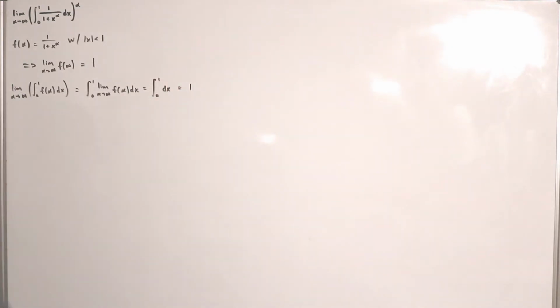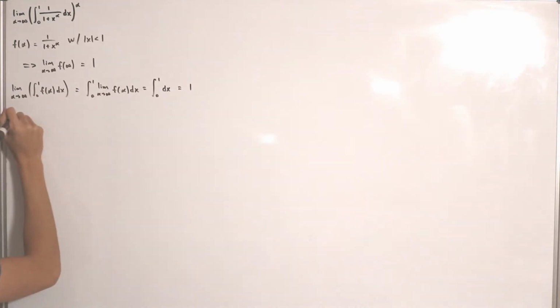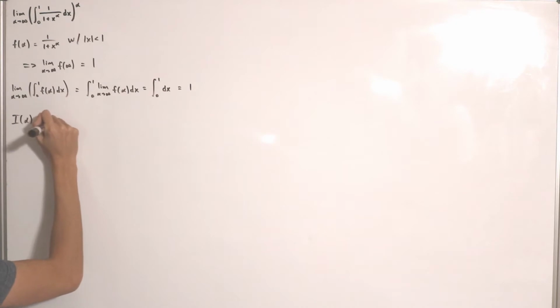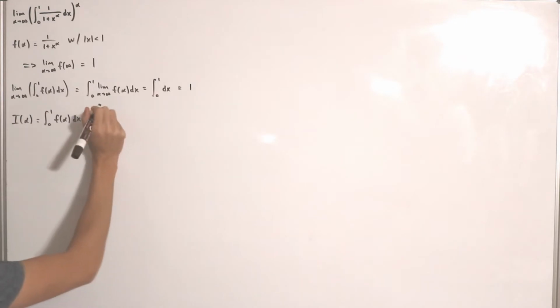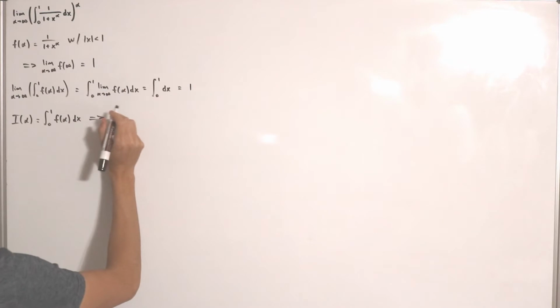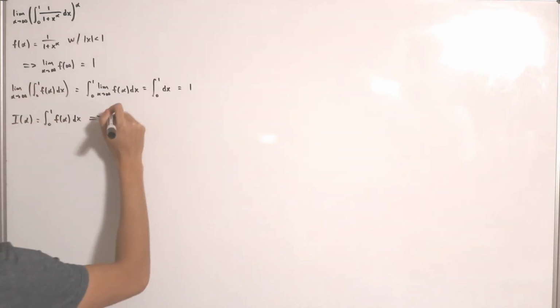Okay, next. So let me define I of alpha equal to this integral from 0 to 1 of f of alpha. Okay, and this has to mean that P, we define capital P, is equal to this expression here.